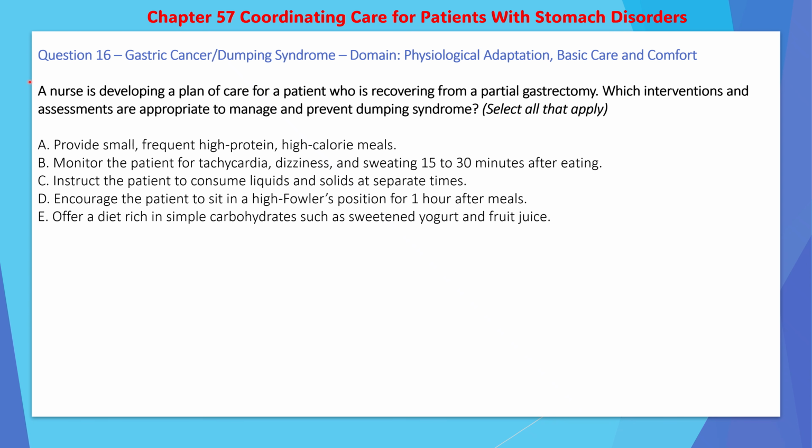Select all that apply. Provide small, frequent, high protein, high calorie meals. Monitor the patient for tachycardia, dizziness, and sweating 15 to 30 minutes after eating. Encourage the patient to consume liquids and solids at separate times.